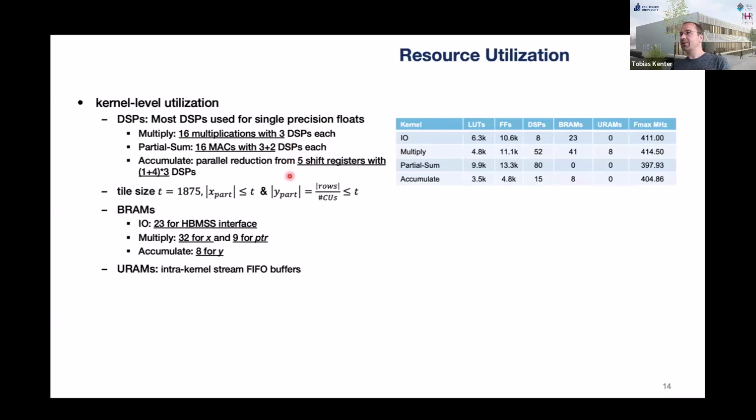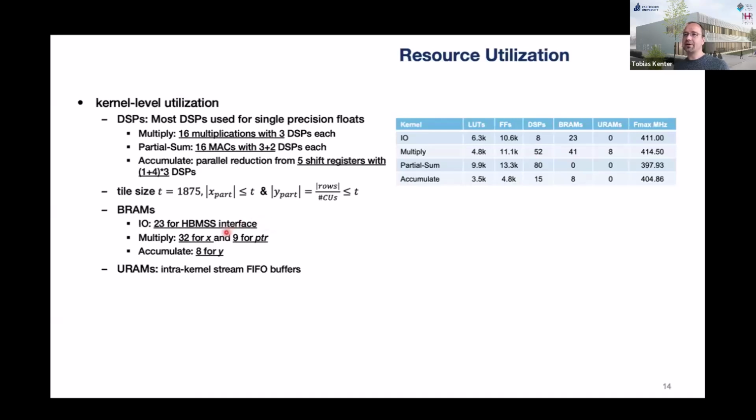Now looking at the concrete designs, we need to also provide the tile size, which in this case is 1875. So each tile can have up to this size in X and Y dimension. In this case, our BRAM utilization is 23 for the I/O kernel and the HBM interface.